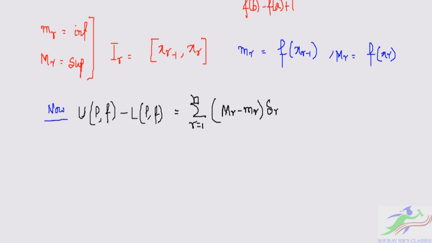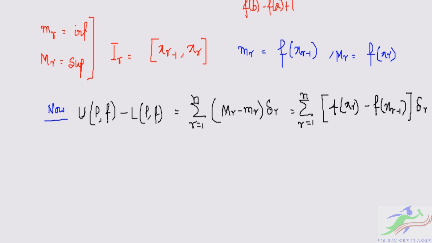If we simplify this, it will be the summation from r equal to 1 to n of f of x r minus f of x r minus 1, times delta r.